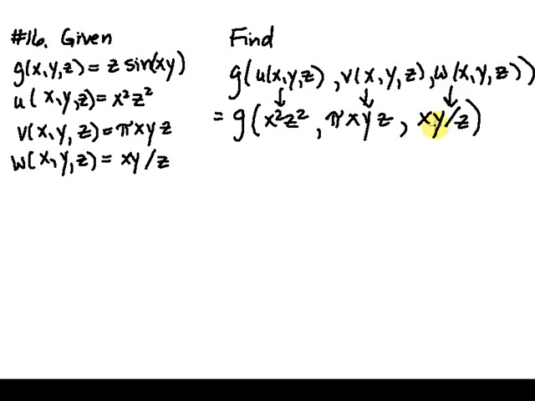Now let's plug into the formula for g. So first, in the formula for g, we have z, which is the third coordinate, xy over z. Next we have sine of xy, so the first coordinate times the second coordinate.